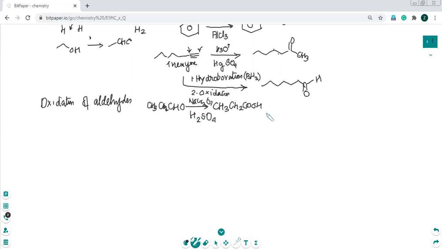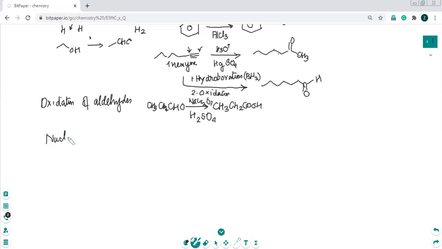Ketones will not be converted into carboxylic acid. Okay. So aldehyde will be converted into carboxylic acid. So that is oxidation. Then we have many other reactions like nucleophilic addition reactions.